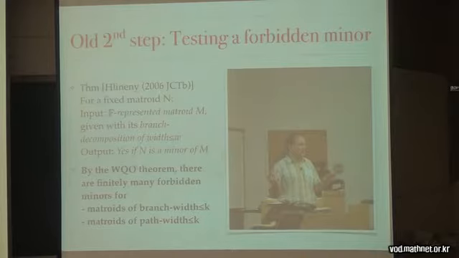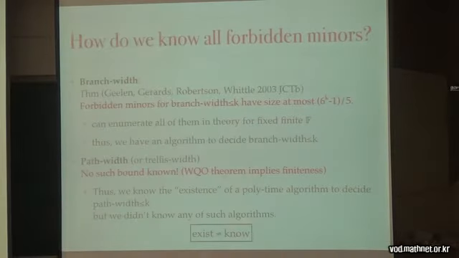There were different stories for branch width and path width. For branch width, there was a theorem by these four people saying that the forbidden minors cannot be too big. There's an upper bound. Forbidden minors for branch width at most k can have at most 6 to the k elements.